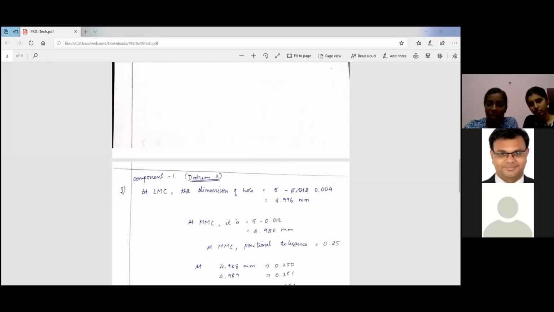So we have selected the tolerance limits as plus 0.04 and minus 0.12. Therefore, the least material condition will be at the largest dimension. For internal features, the LMC will be the largest dimension.